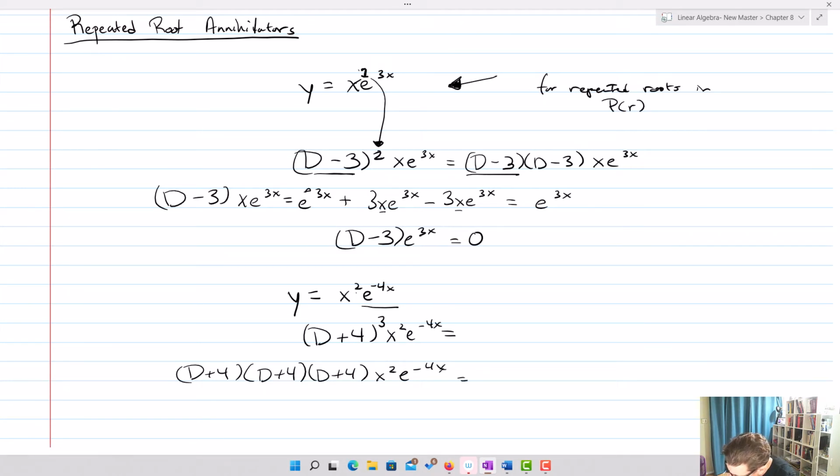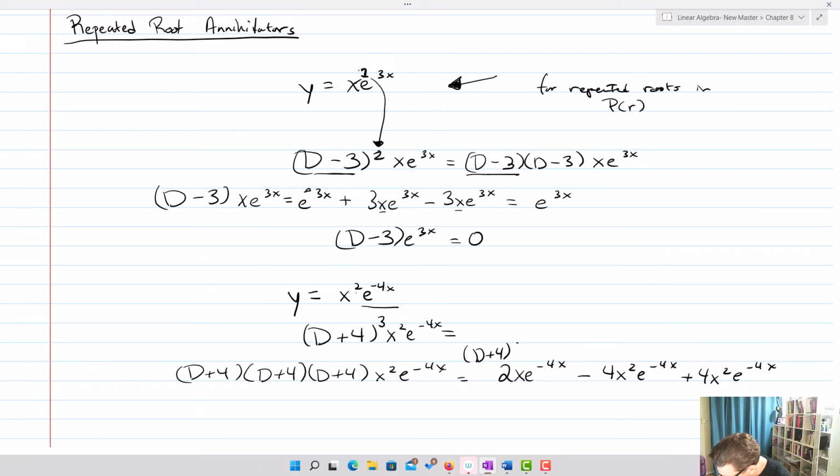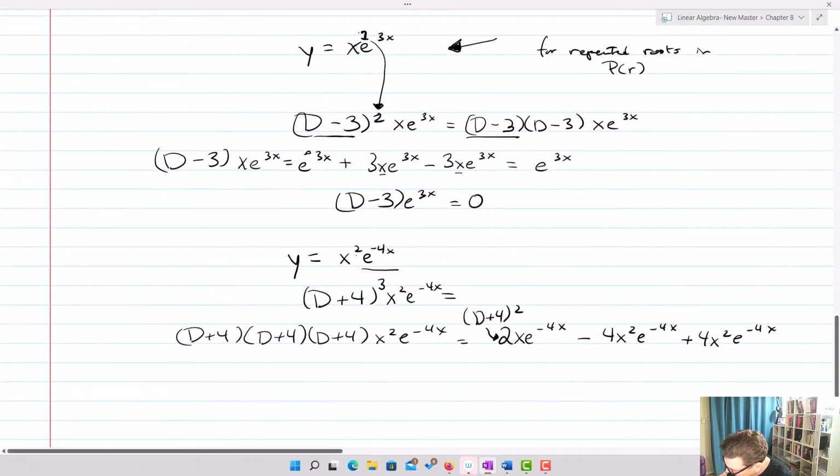This is going to end up equaling, first derivative, 2x e to the negative 4x minus 4x squared e to the negative 4x plus 4x squared e to the negative 4x. Okay, and we're going to keep our d plus 4 squared and operate on those. And if you see this whole thing, we're just left with 2x e to the negative 4x.